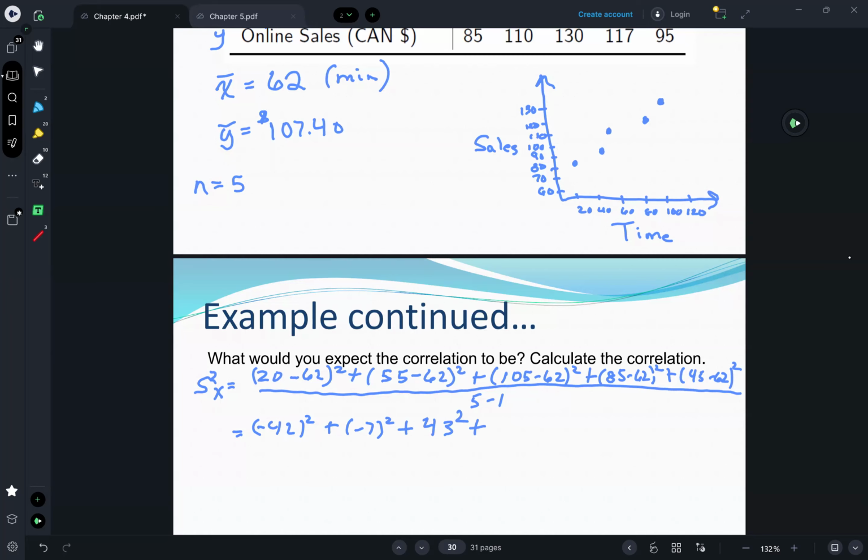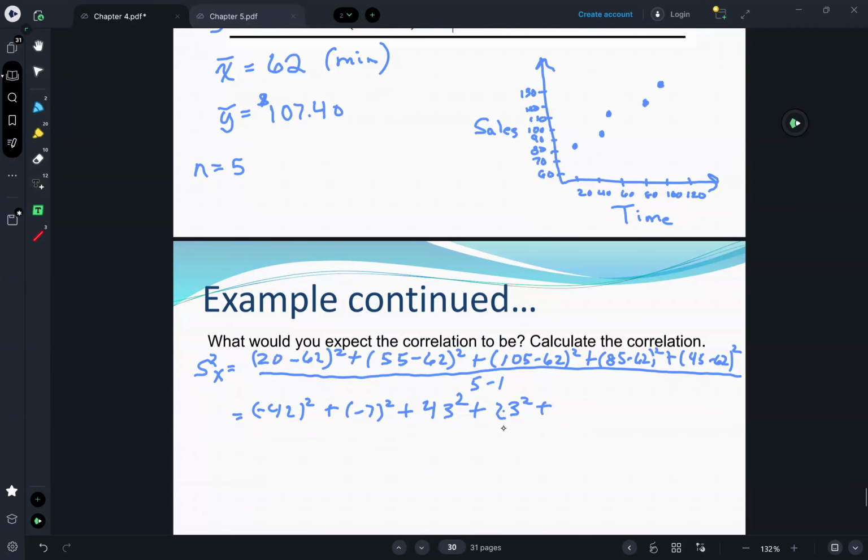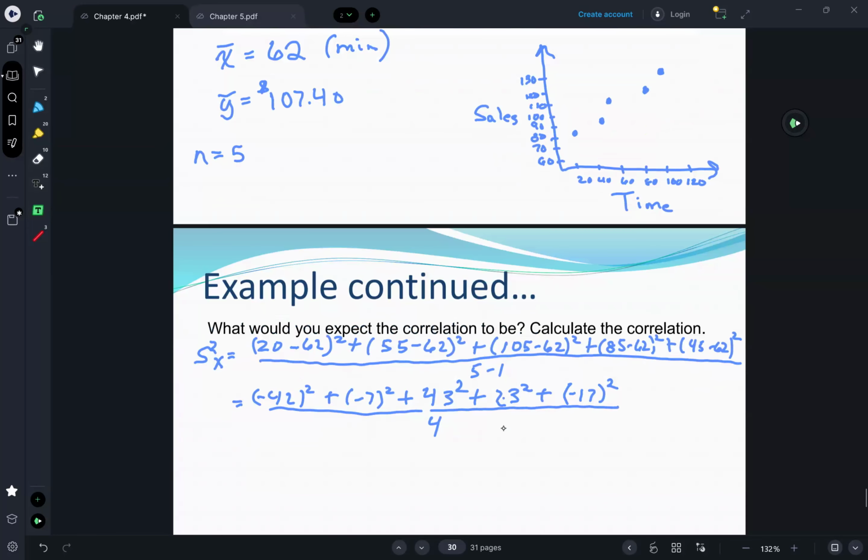And the next one is going to be 85, subtract 62 is going to be 23. And finally, we have 45. 45, subtract 62, it too will be negative. So I put it in brackets if it's negative. Divide by 4. And you should have a variance here.